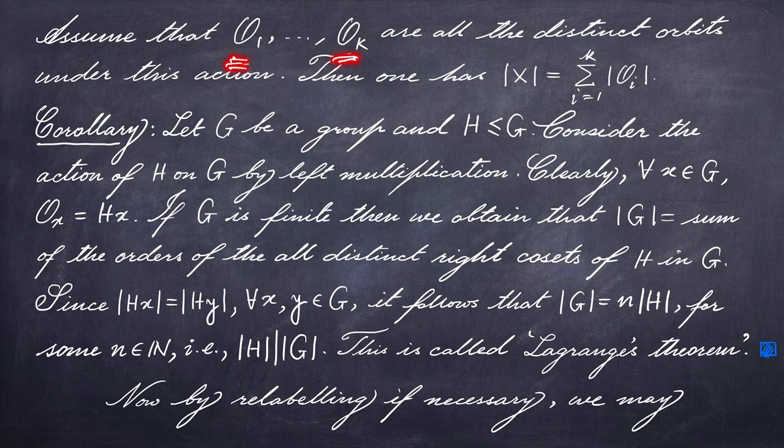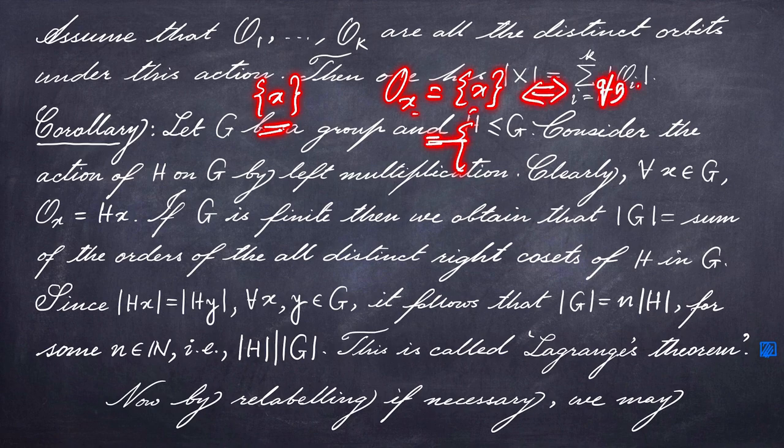Some of these orbits might be trivial, that is, what I mean by trivial is just a singleton. The orbit of x is the singleton {x} if and only if for every g in G, gx equals x. So that is, the point is fixed under this action.